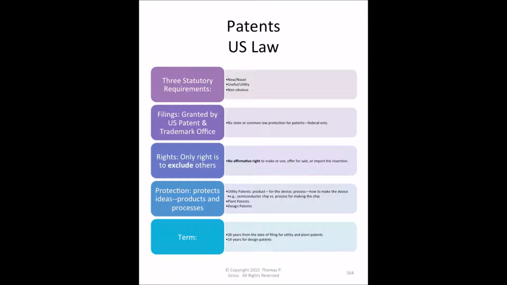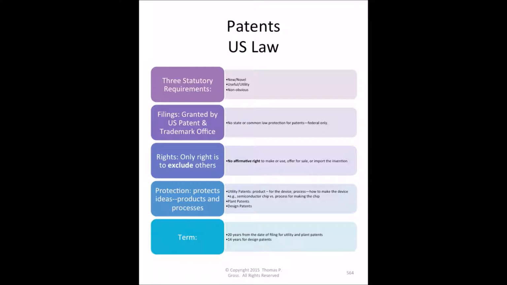Now, the first two, novel and utility, tend to be pretty easy to satisfy. So most patent applications are not denied on the first two grounds. It's the third requirement, non-obviousness, which is often cited as a reason to either deny or restrict a patent application. And of course, it's always obvious once you know the answer to something.